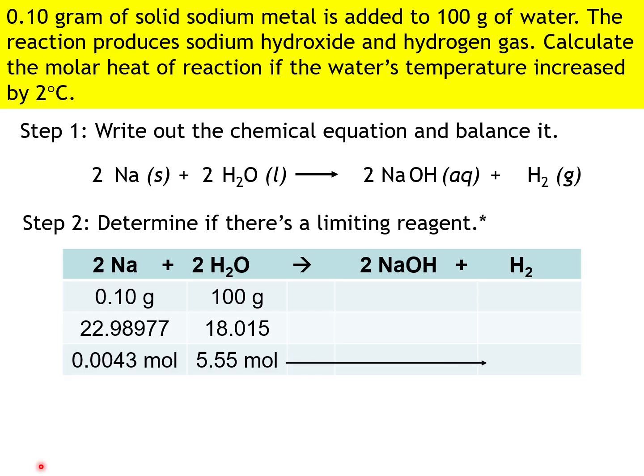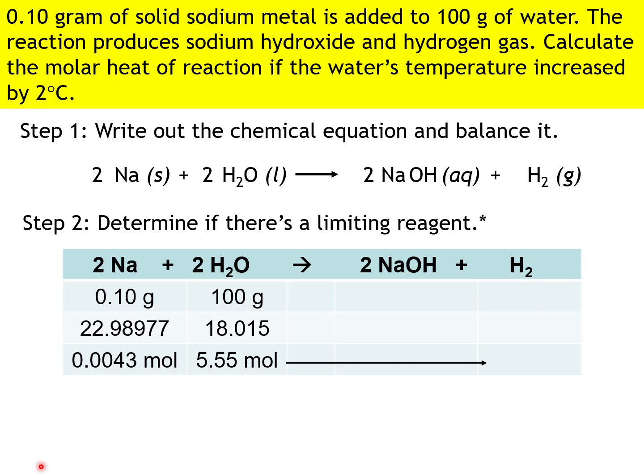So you do the stoichiometry, and I'm going to go over to hydrogen because it has a coefficient of 1. That way I know that whatever heat I end up talking about is on a per mole basis. If you try doing it by the amount of sodium used or the amount of sodium hydroxide formed, that would be on a for every 2 moles basis.